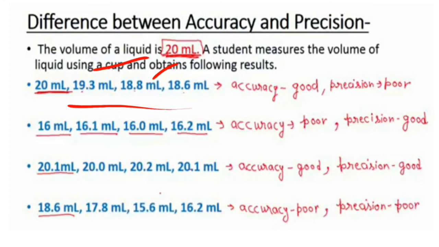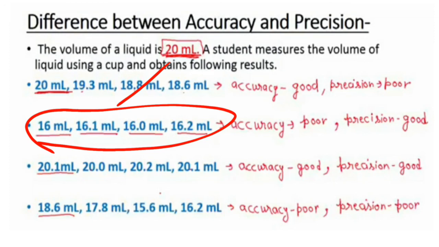If you take the second set of readings, 16 ml, 16.1, 16 and 16.2, these are very far from 20 ml, so the accuracy will be very poor. But the difference between the individual readings will be very small, 16 and 16.1, 16 again 16.2, so the precision will be very good, but accuracy very poor.